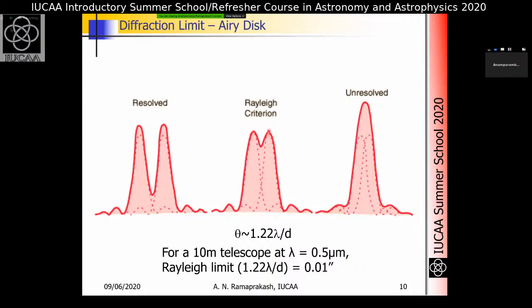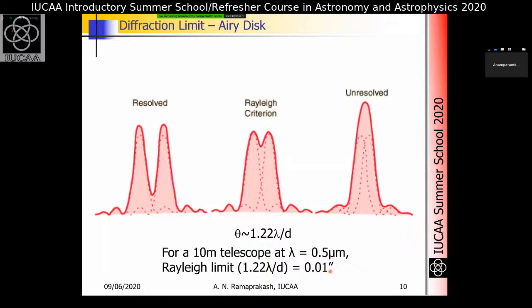That angular separation as projected in the sky should be 1.22 lambda by D to say that the object is well resolved. Now, if I take a 10-meter telescope, the largest existing telescope on Earth, and observe at a wavelength of half micron, you plug those numbers in, 10 meter for D and lambda is 0.5 micron. The Rayleigh limit is 0.01 arc seconds.